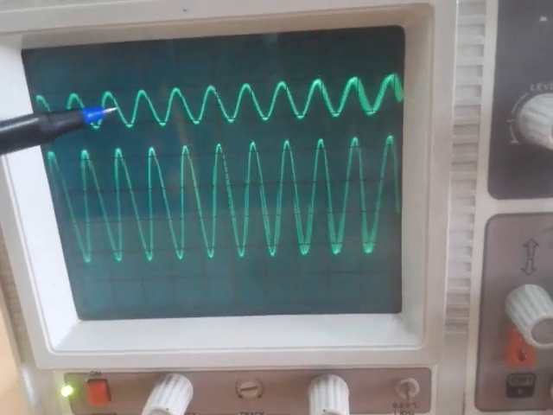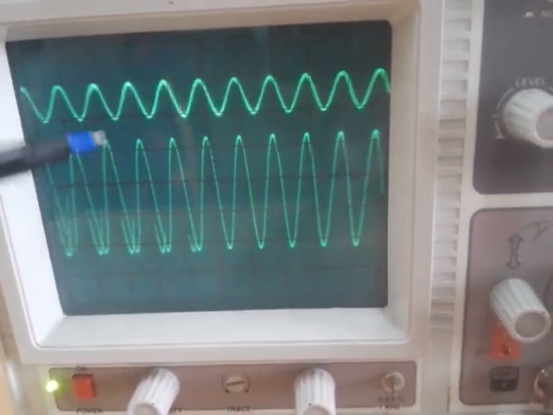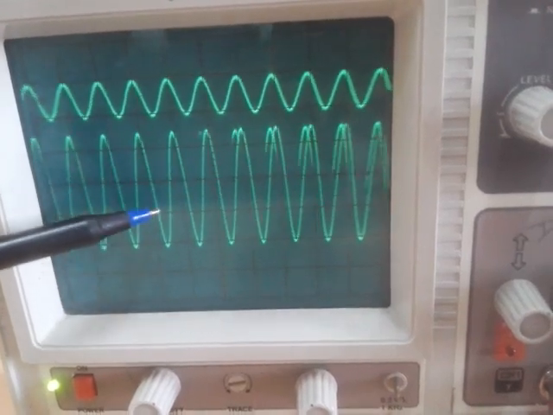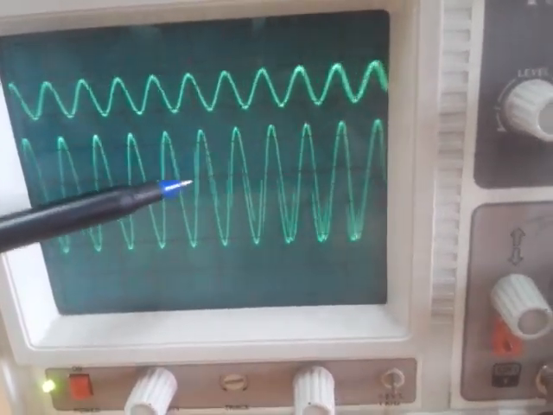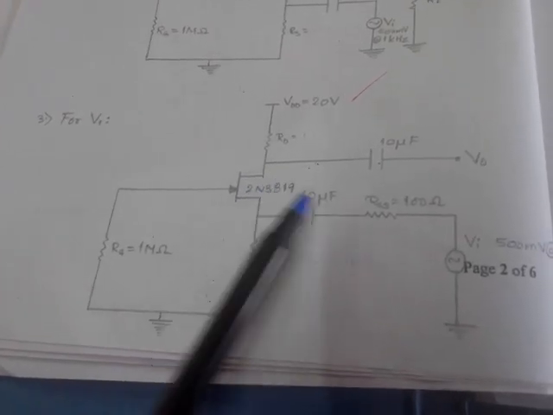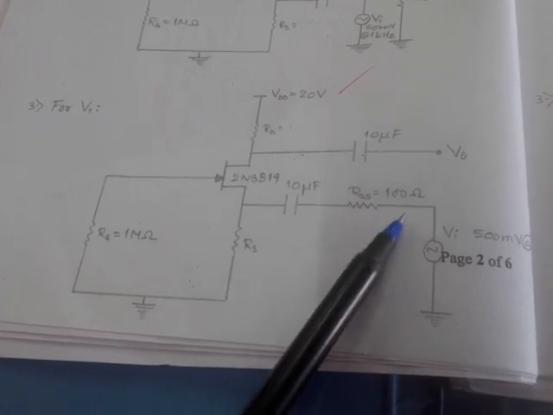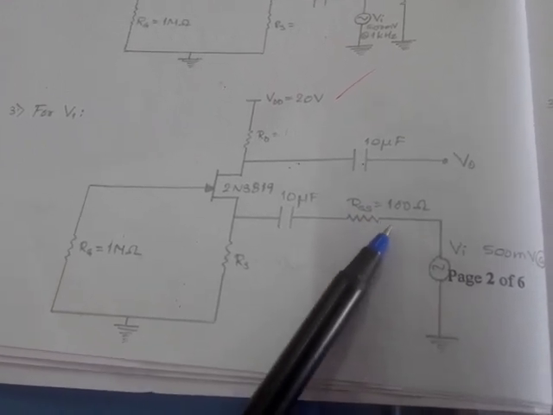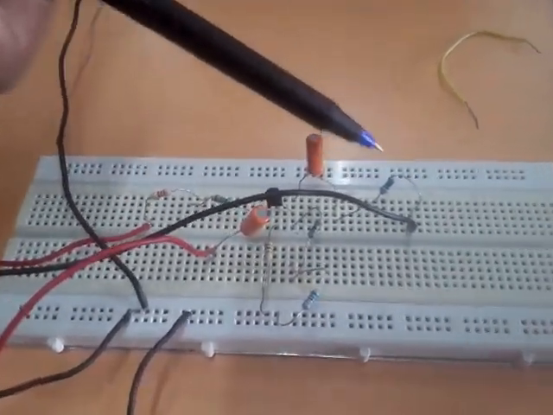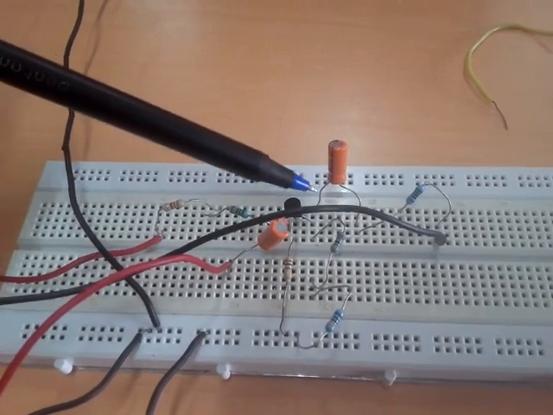So this one is the input which is set at 0.5 volts, and the output we are getting here again is approximately 3.6 volts. For measurement of input impedance Ri, we are inserting 100 ohm in series with the input source. So here in series with the input I have put a 100 ohm resistor, and then it is applied to the source.